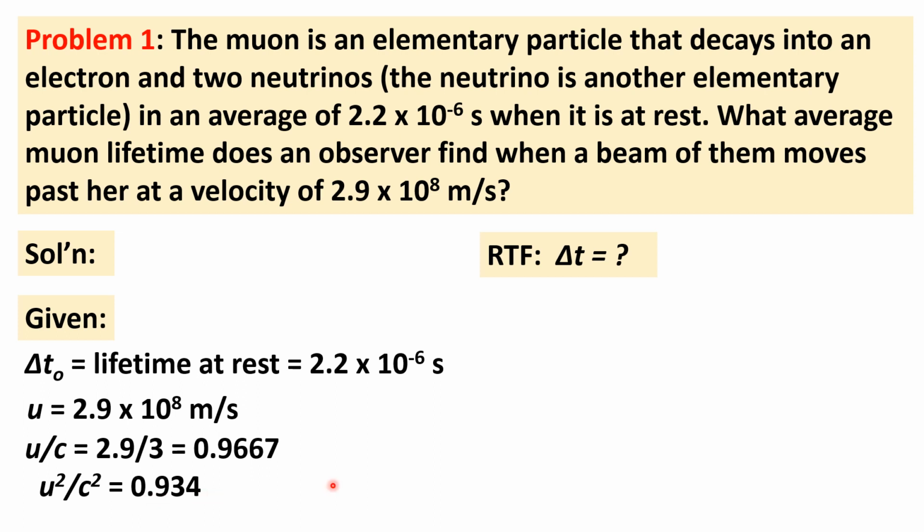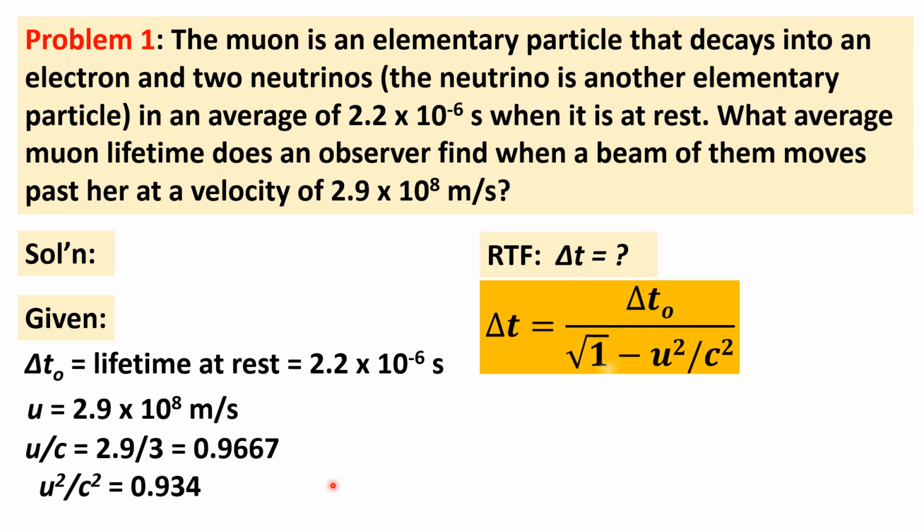0.934. And solving for delta t using the formula for time dilation, delta t is equal to delta t naught divided by the square root of 1 minus u squared over c squared.